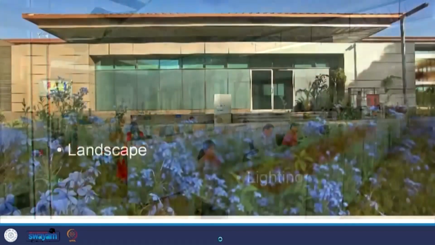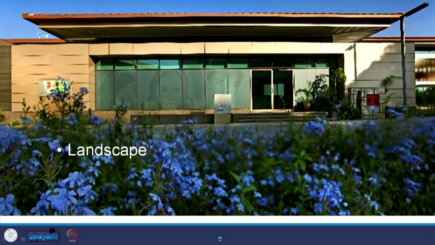So, majority of the workspaces are designed to ensure daylight. The next is landscape. So, they have used the native tree species all around the campus which are also requiring less maintenance and water.